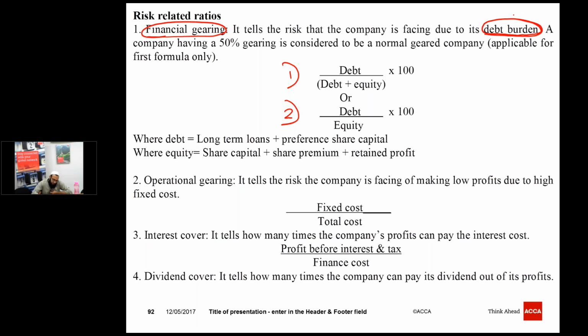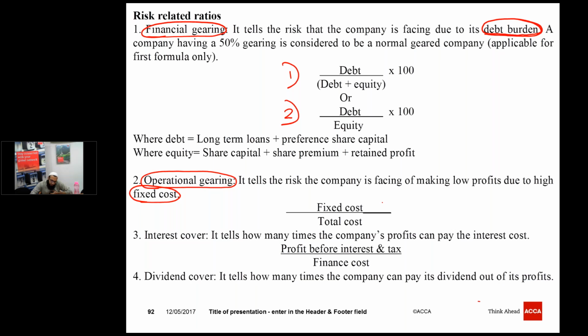Okay. Then comes the operational gearing. As financial gearing reflects the debt burden, operational gearing indicates the burden of fixed cost that the company is taking.